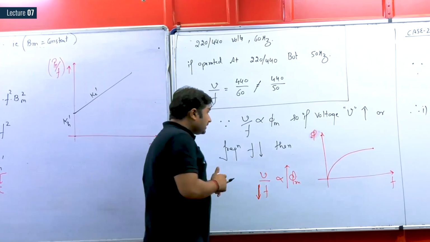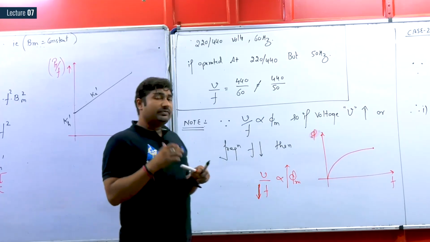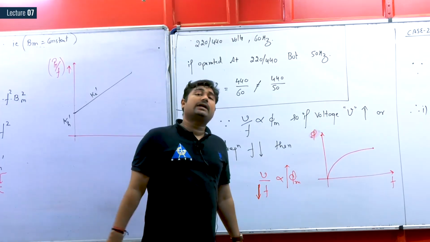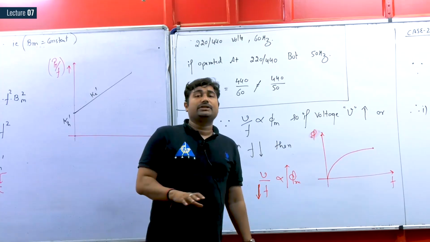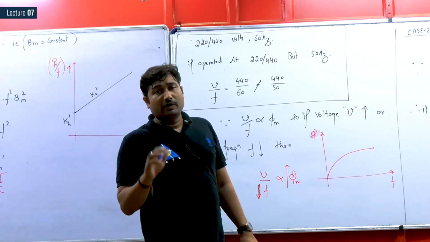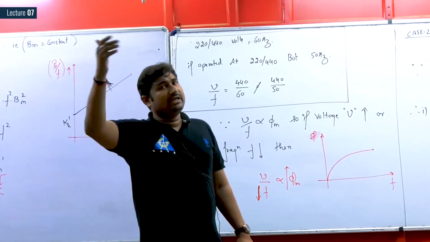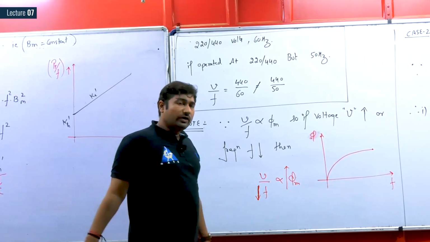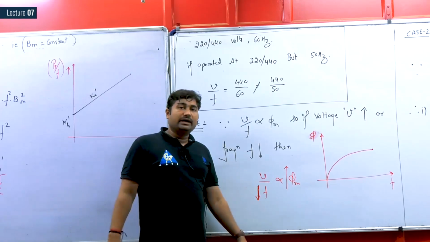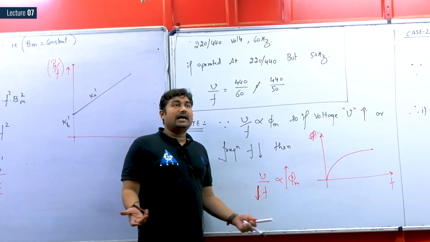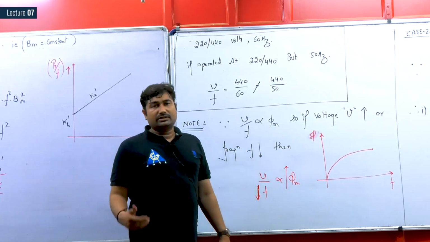So we never operate a high frequency design transformer at low frequency. We can operate a transformer designed for a lower frequency at a higher frequency, but we cannot operate it at a lower frequency, otherwise the iron core gets saturated and losses increase.